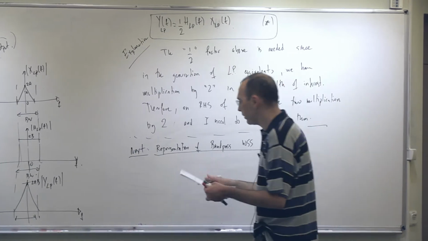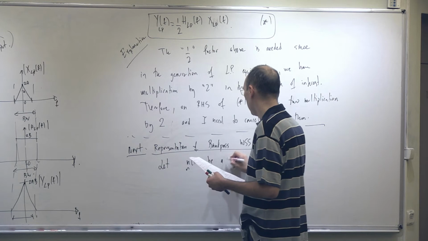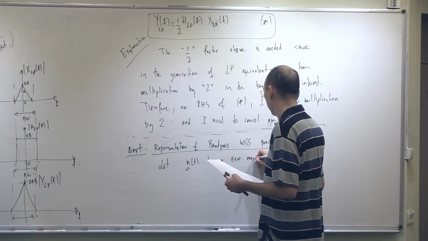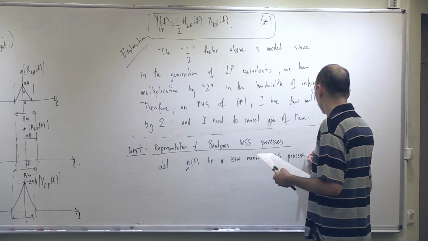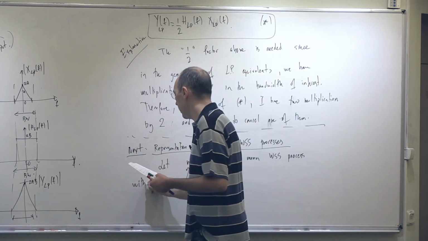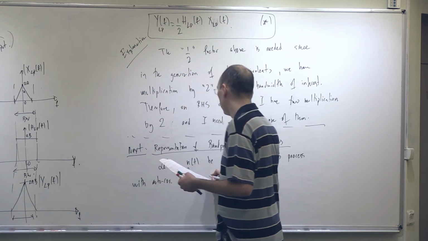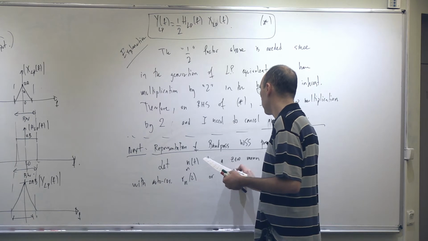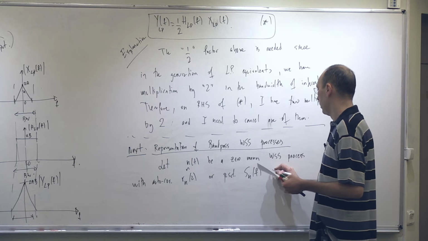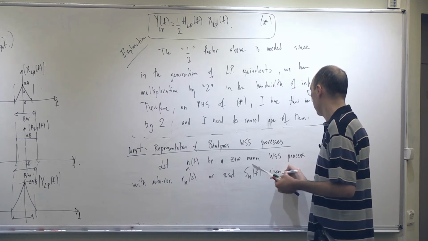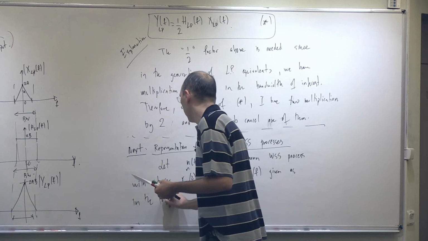So let me write the definition. Let n of t be a zero mean wide-sense stationary process with, let's say, autocorrelation Rn of tau, or power spectral density equivalently Sn of f, given as, let's say, in the following sketch.